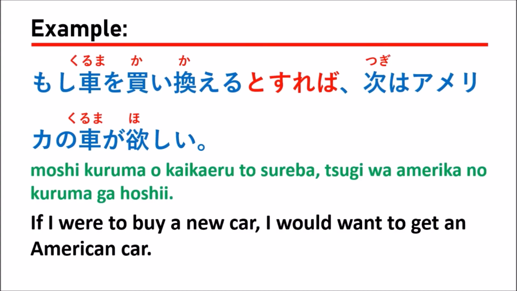In this case, they use the grammar of tosureba. もし車を買い替えるとすれば means that if I were to buy a new car, 次はアメリカの車が欲しい, I want to get an American car.